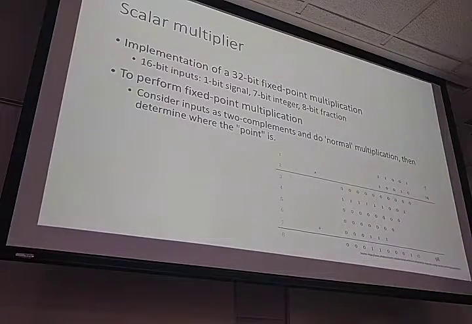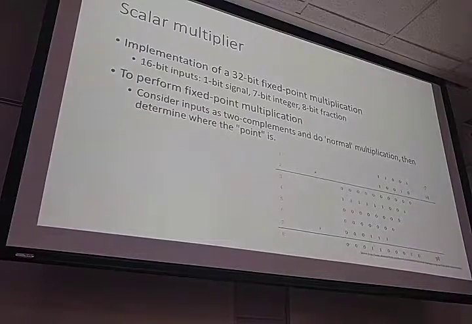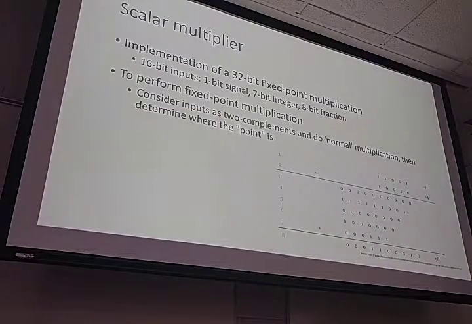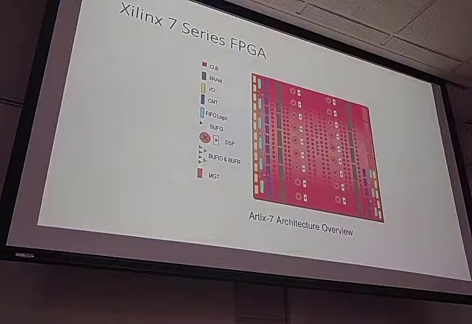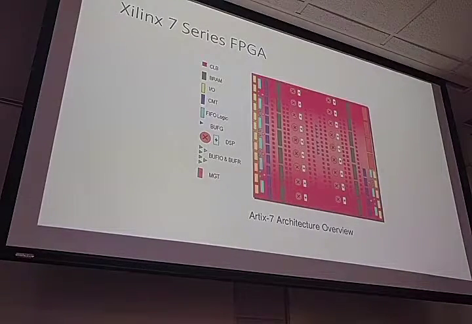Or you could create a huge mux to generate each parcel in parallel and then sum them together, which uses a lot of area. So we are exploring those things, and we tried to map this in an actual Xilinx FPGA.